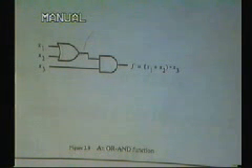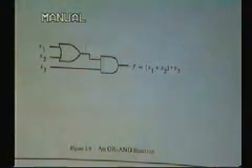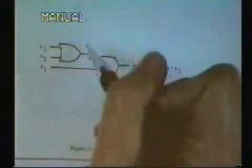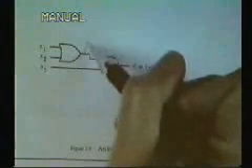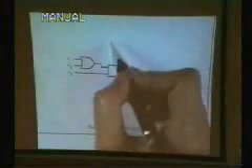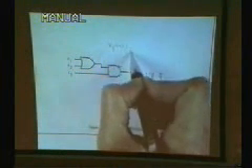X1 or X2, right? So this is a typical way to find out how the circuit functions. Start from the input and from the first gate that connects directly to the input. So that would be X1 or X2.